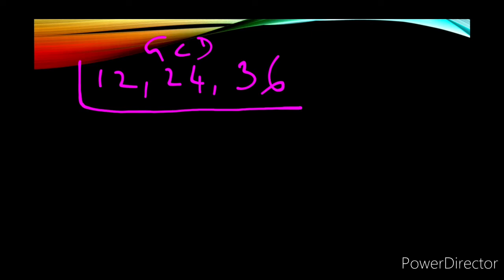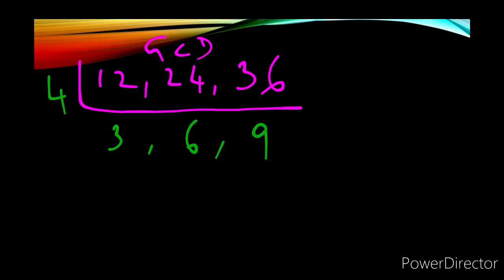To find GCD, we have to divide all three numbers by the same factor. I divide this by 4. 4 3s are 12. 4 6s are 24. And 4 9s are 36.